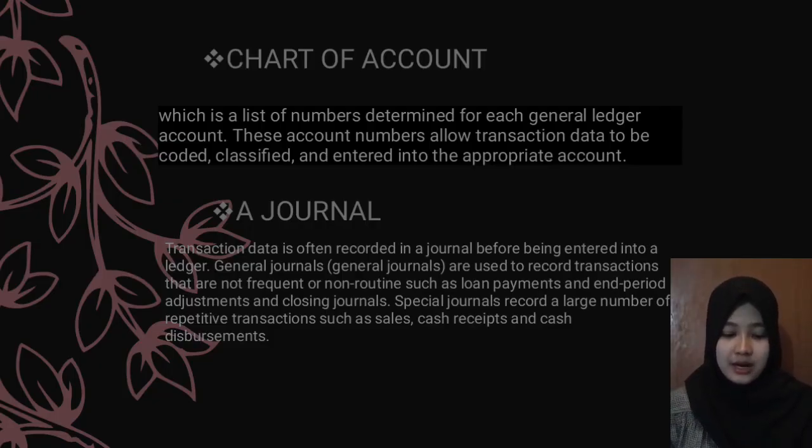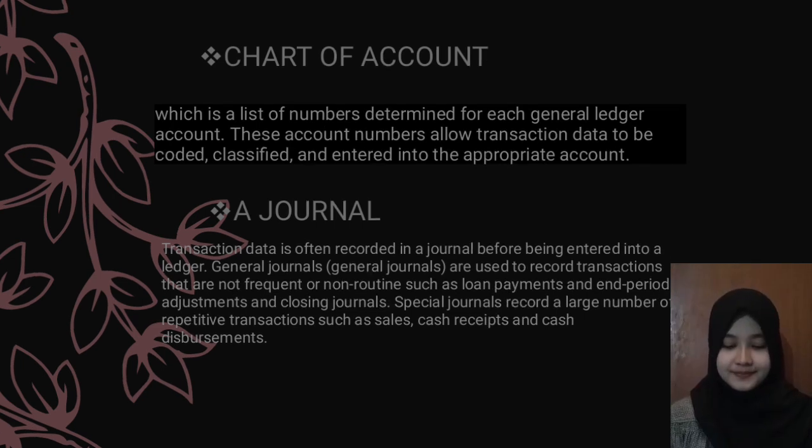Next, chart of account, which is a list of numbers determined for each general ledger account. These account numbers allow transaction data to be coded, classified, and entered into the appropriate account. A journal. Transaction data is often recorded in a journal before being entered into a ledger.